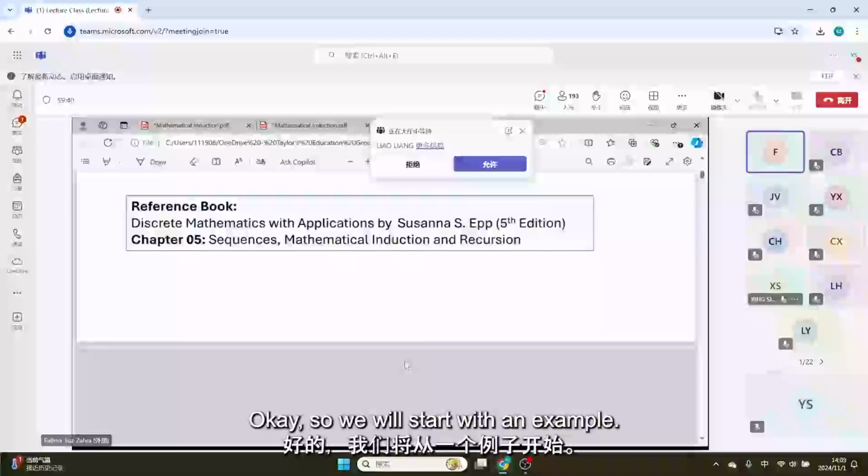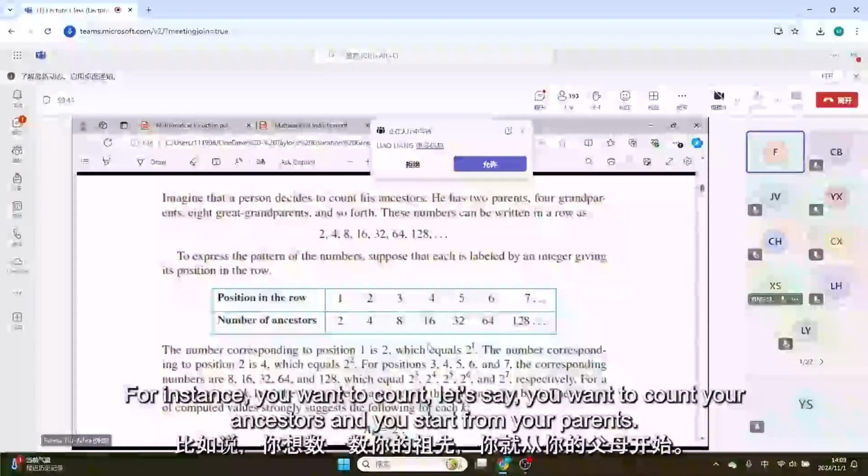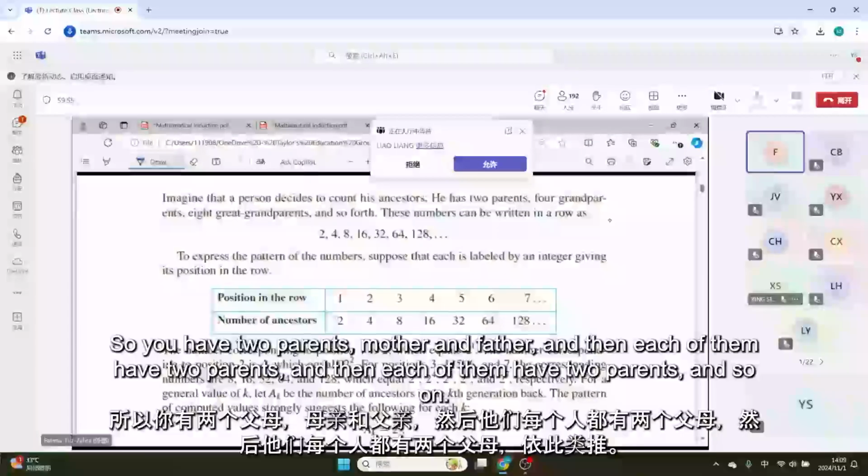Okay, so we'll start with an example. For instance, let's say you want to count your ancestors, and you start from your parents. So you have two parents, mother and father, and then each of them has two parents, and then each of them has two parents, and so on.